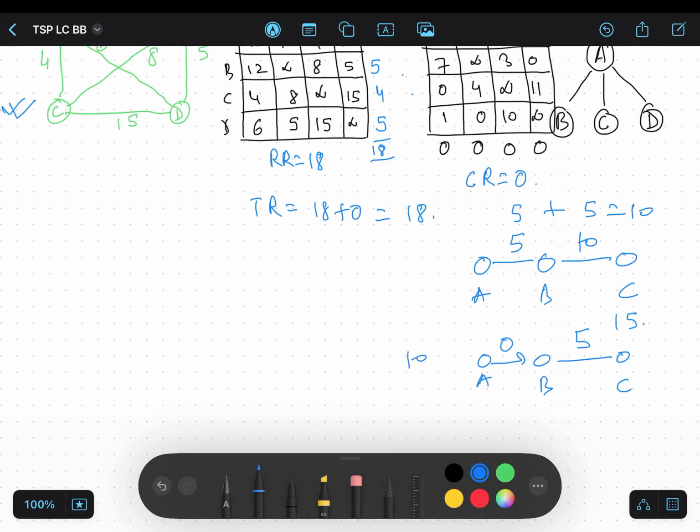So if I start from 10 and go from A to B and B to C, then it will be 10 plus 0 plus 5, which is 15. So whatever I reduced, I started with that value. That's what we are going to do here. We reduced the graph and we started with the total reduced value.